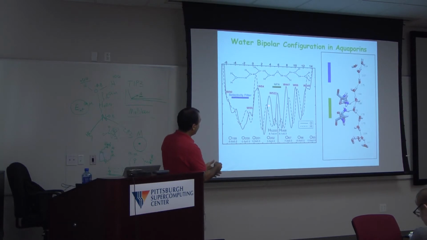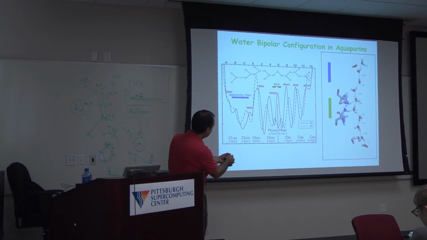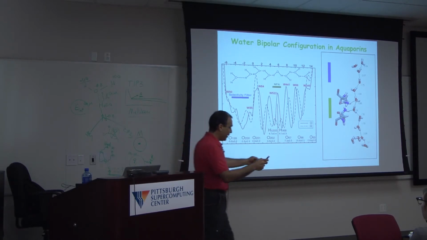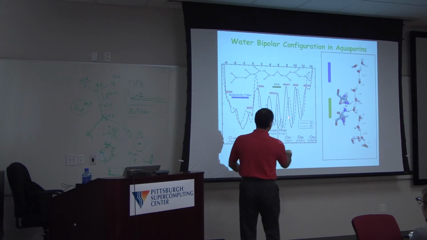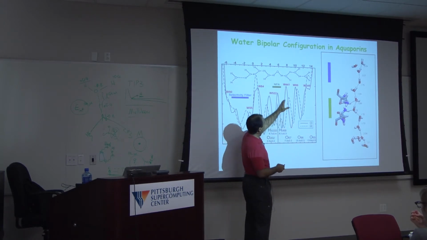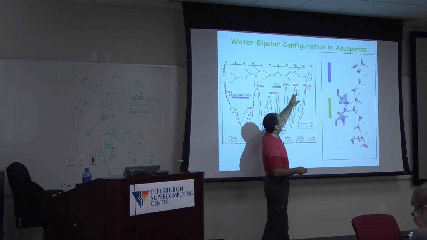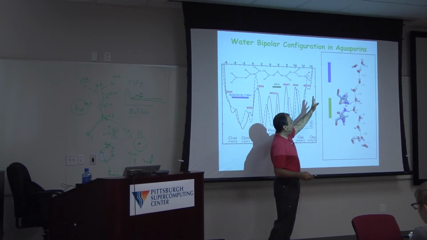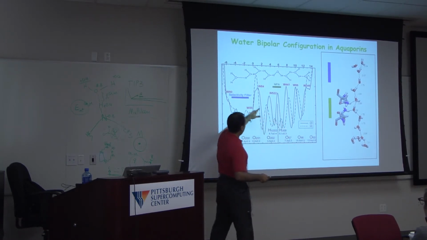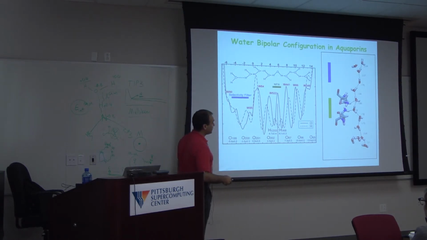So this is the average behavior. You can see in the middle where you have the NPA, the green guy here, you have one water with its oxygen in the center and the hydrogens on the 2 sides. But then beyond that point, you always have oxygen first, hydrogen next, oxygen first, hydrogen next, until you hit the bulk, and then the opposite orientation on the other side.